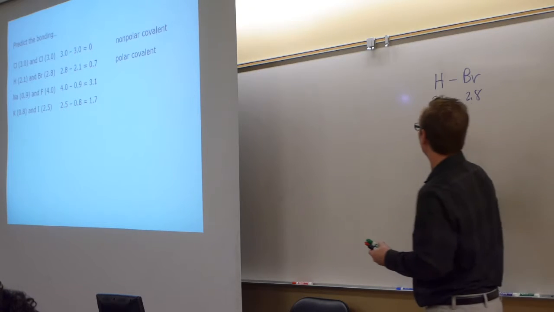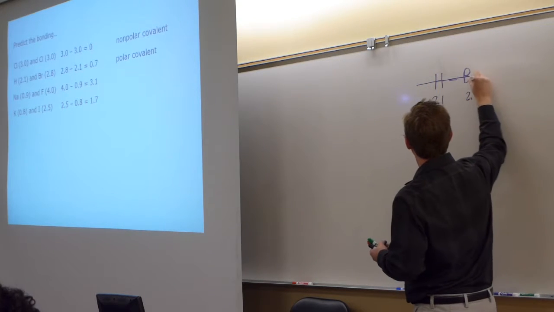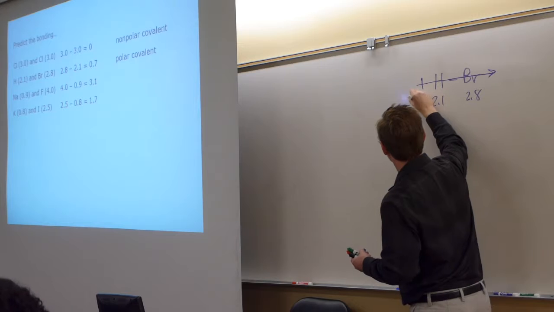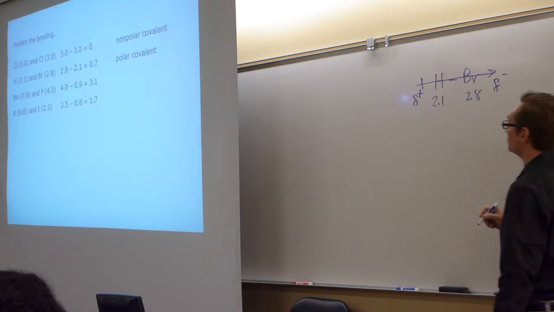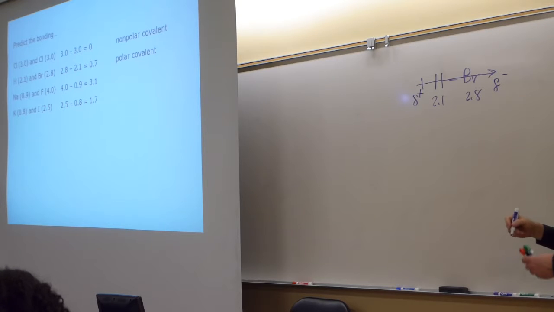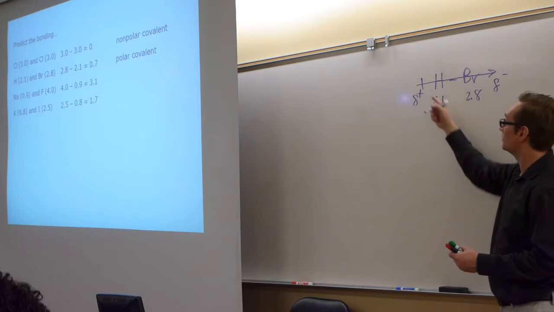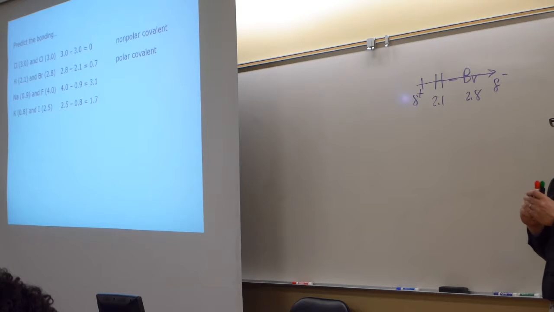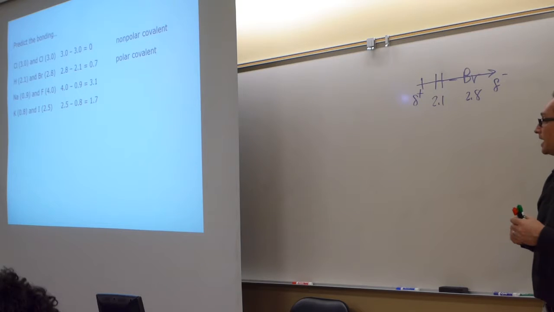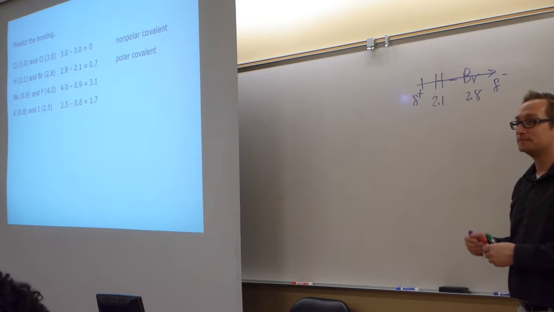Towards the bromine, right? So if I were to draw a bond dipole, you might remember this from Chem 107, showing the partial charges of the ends of the molecule, this is what it would be. The electrons are going to want to point towards the bromine because the bromine has a higher electronegativity. It wants electrons more. It's going to outcompete that hydrogen for electron density, if you will.